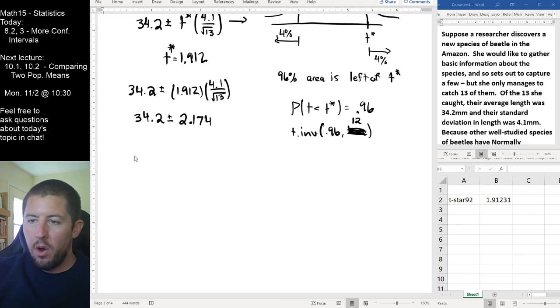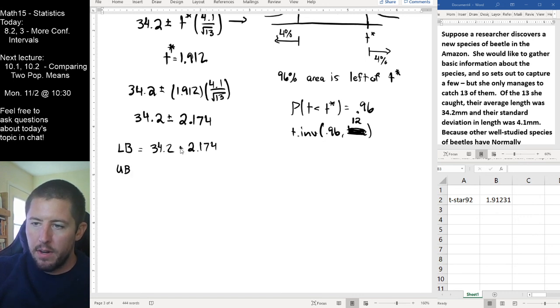Okay. We can go and compute the upper and lower bound here. Our lower bound would be the 34.2 plus 2.174. Our upper bound. Oh, sorry, that's our minus right here. Our lower bound is when we get the small number, so it's always our minus.